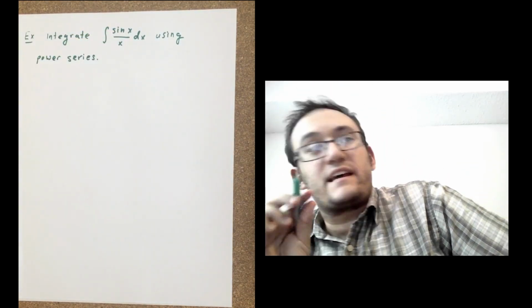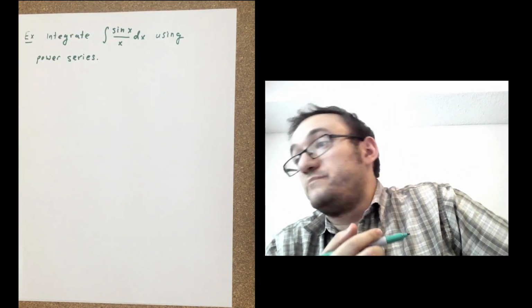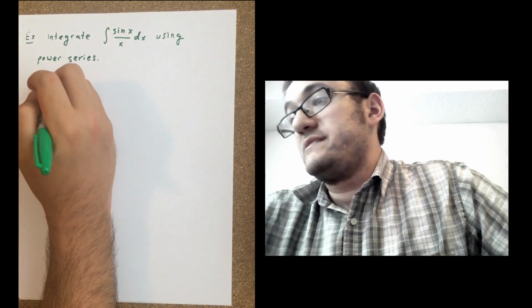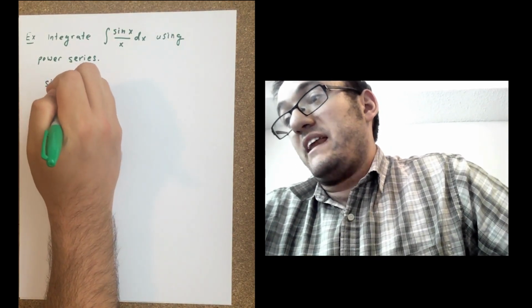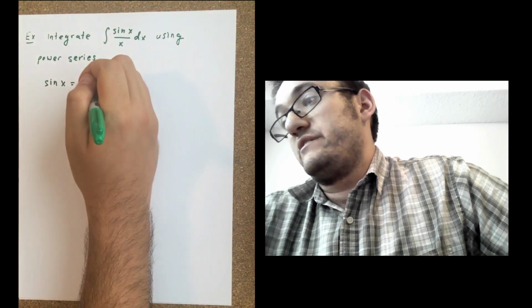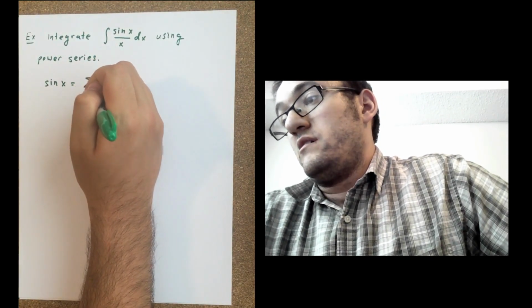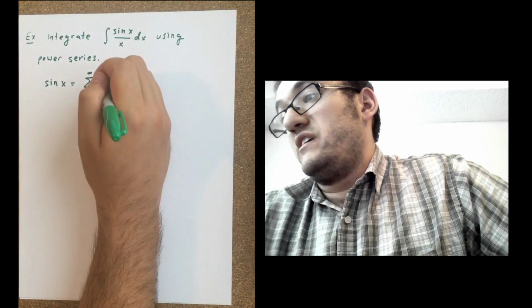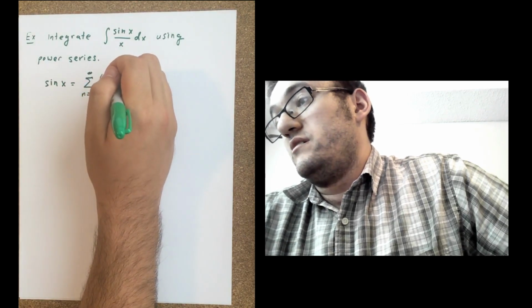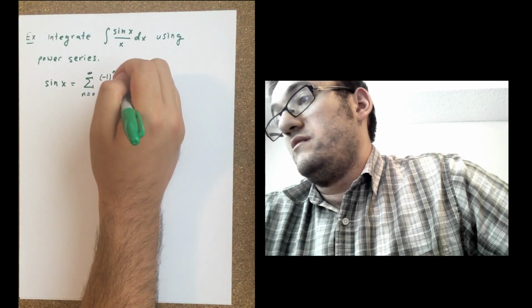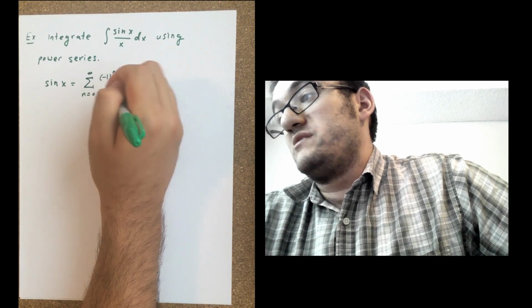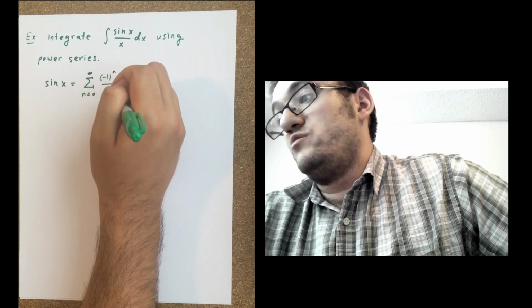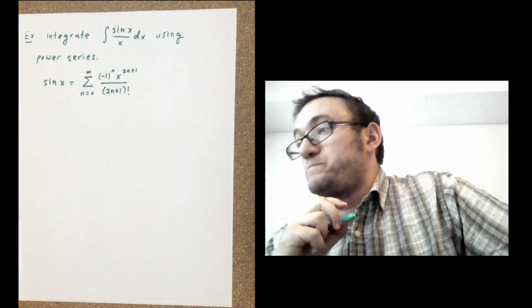So sine x over x doesn't have an elementary integral. But we note that sine x has this Maclaurin series expansion: the sum from n equals 0 to infinity of (minus 1)^n x to the 2n plus 1, divided by (2n plus 1) factorial.